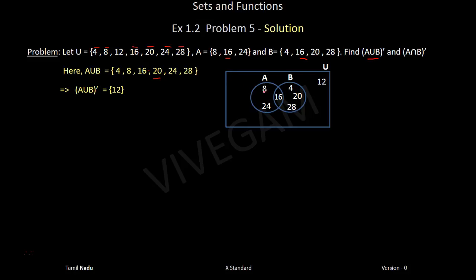It will be outside A and B but inside the rectangle, because the rectangle represents the universal set.